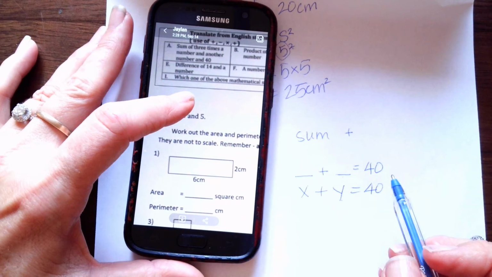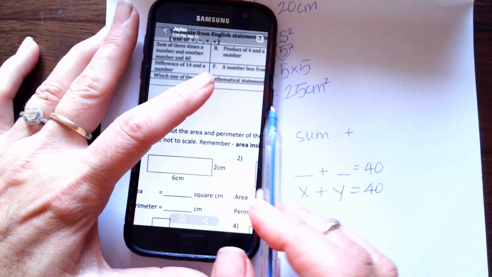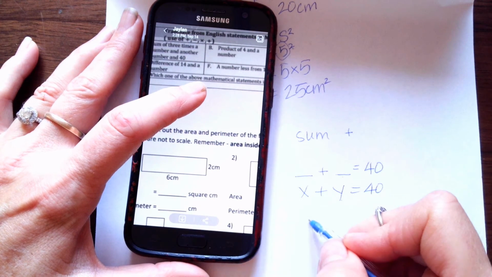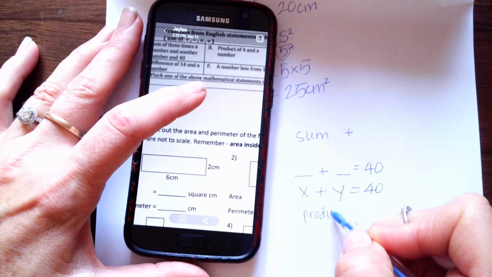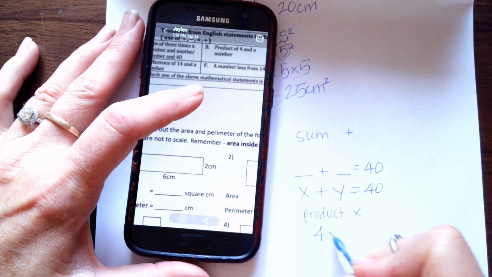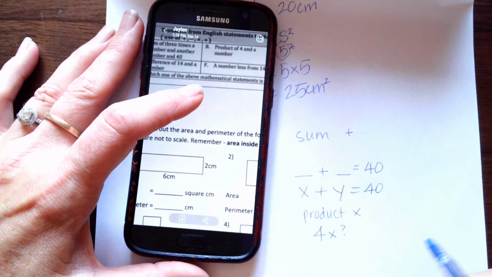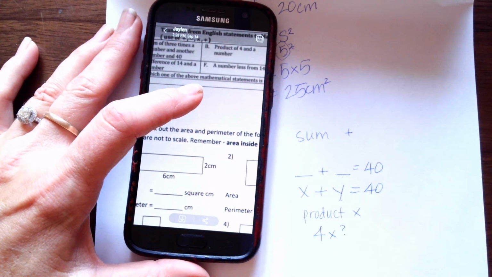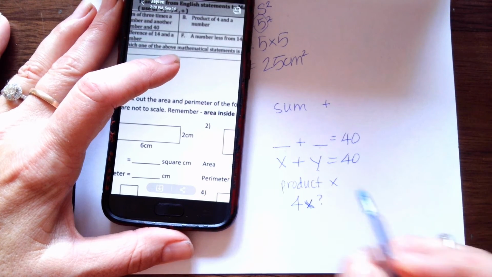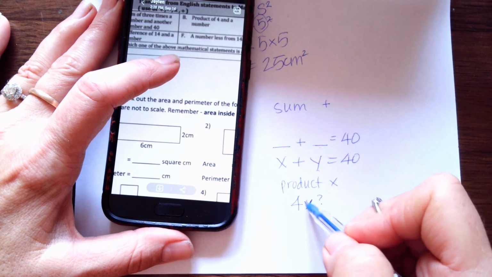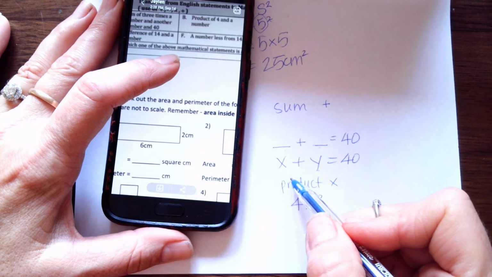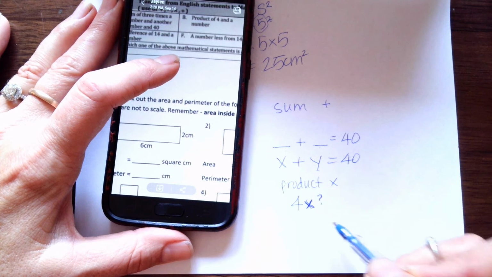Okay, the next thing is the product of 4 and a number. So a product means multiplication. So that means that you have 4 multiplied by a number. We don't know what that number is. And then you see this is the multiplication sign, but we can no longer in algebra use this as the multiplication sign because we usually use x to stand for the blank number like this.